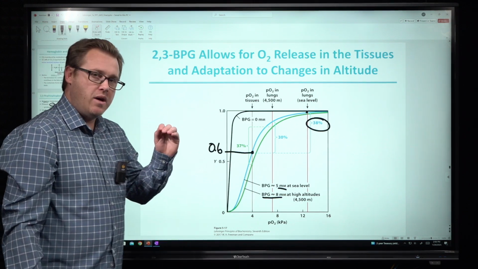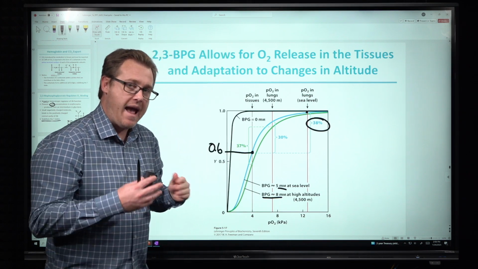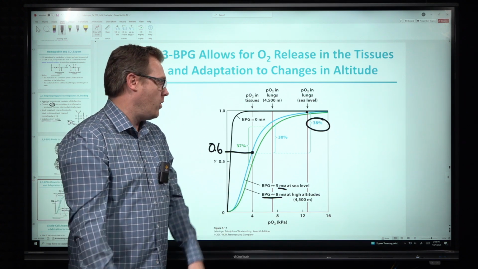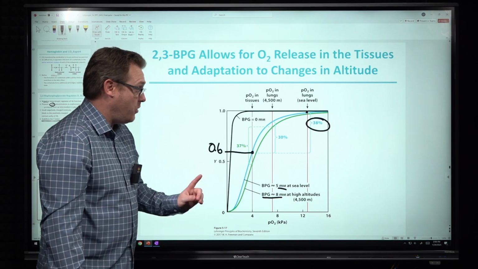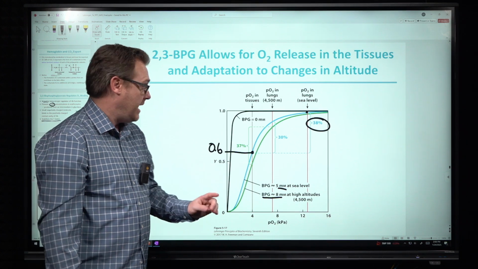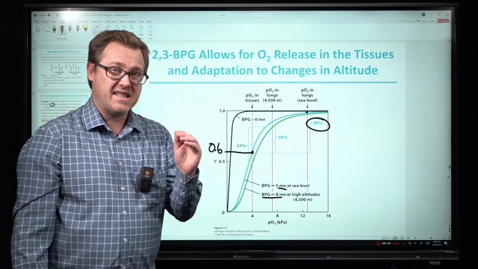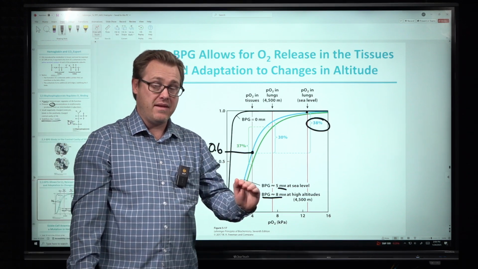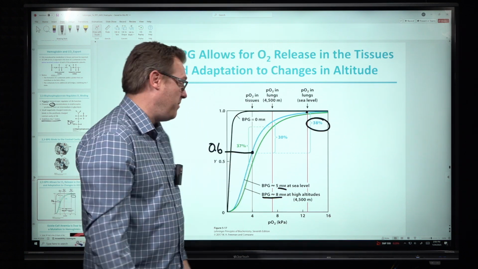So if we go to a higher altitude, we have to have the same output, or we're going to have trouble. So let's continue with the blue curve. What would happen if the concentration of BPG stays the same if you go from sea level to a mountain, and it stays at 5 millimolar?